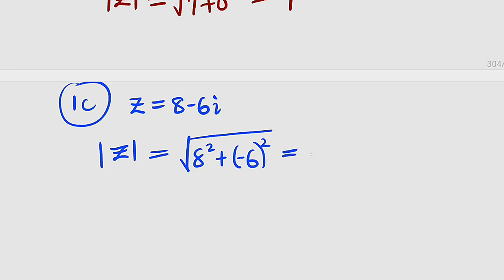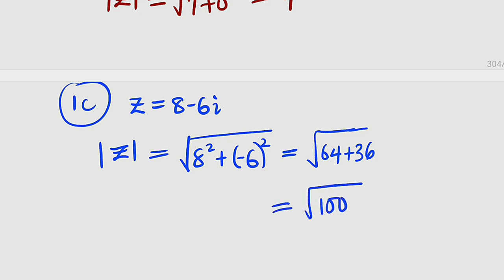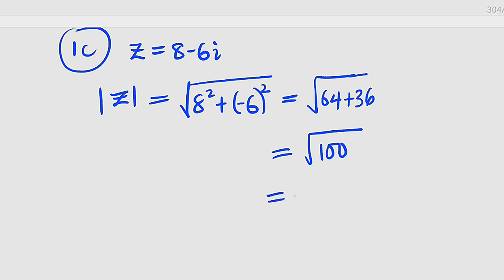Let me simplify this a little bit. 8 squared is 64. Negative 6 times negative 6 is 36. Combine this together, you have 100. And square root of 100 is equal to 10. Therefore, Z modulus is equal to 10.